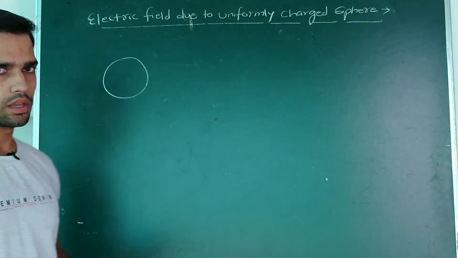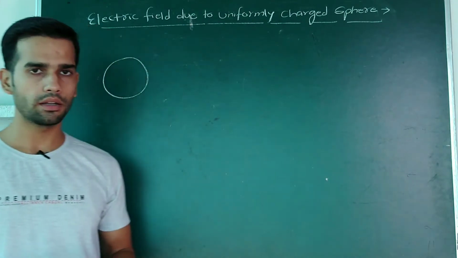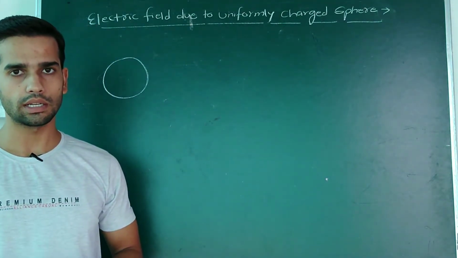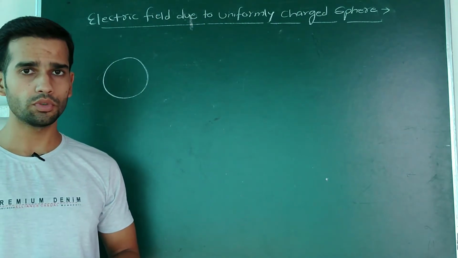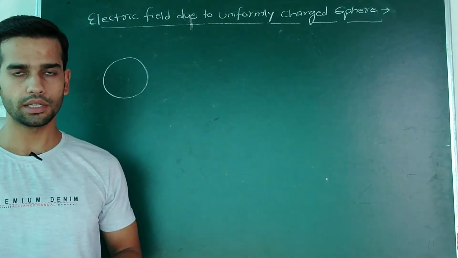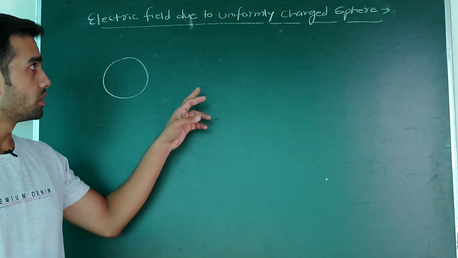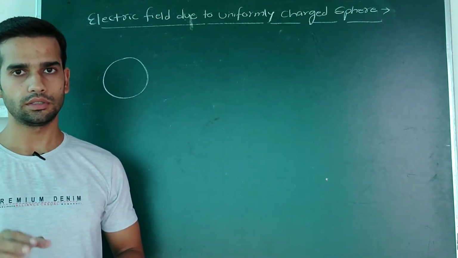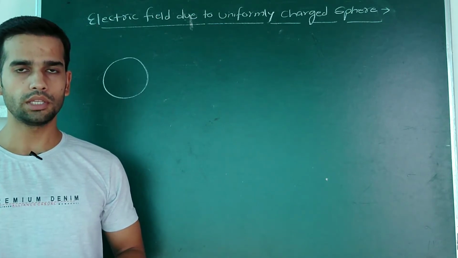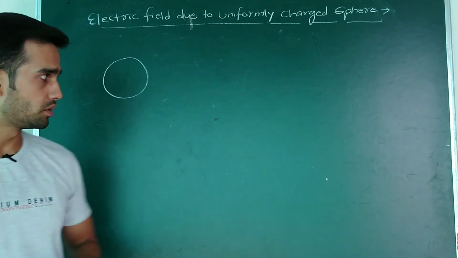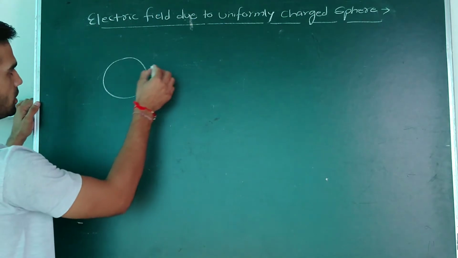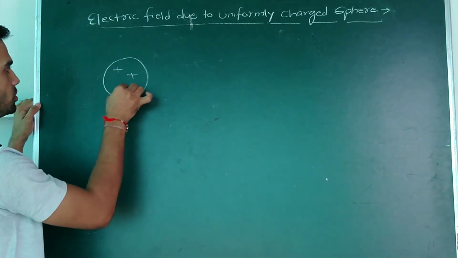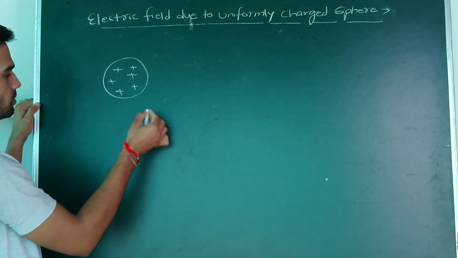So in this topic we are going to discuss how to calculate electric field due to a uniformly charged non-conducting sphere. Whenever we give charge to a conducting or a non-conducting sphere, the distribution of charges is different in both cases. In a non-conducting sphere, the charge given to the sphere is distributed uniformly throughout its volume.